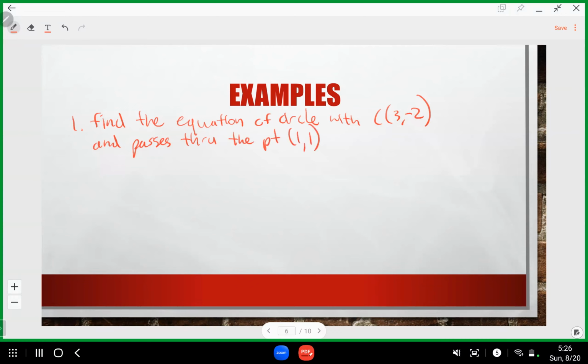So we have a circle here with the center at (3, -2), and the circle also passes through the point (1, 1). How do we find the equation of this circle? I'll give you a couple moments to do this. Should not be too hard.